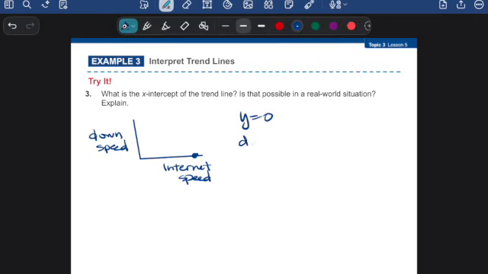So then our download time would be 0. Is it possible to download 170 gigabytes in 0 seconds? Well, no. Or minutes. It's not going to be instantaneous. So it's not possible in this real world situation to have instantaneous download. Maybe one day in the future.